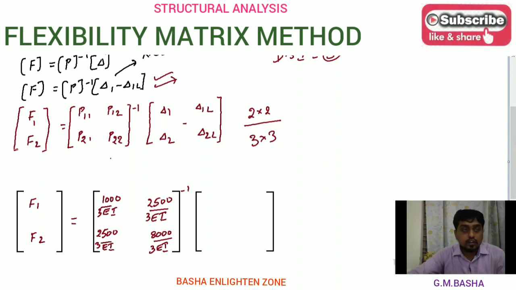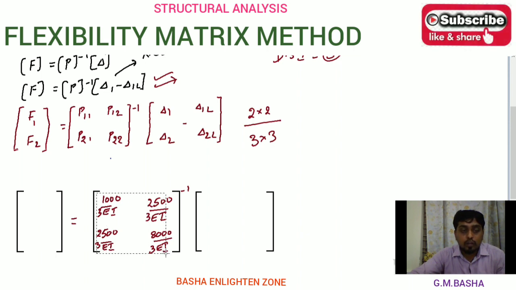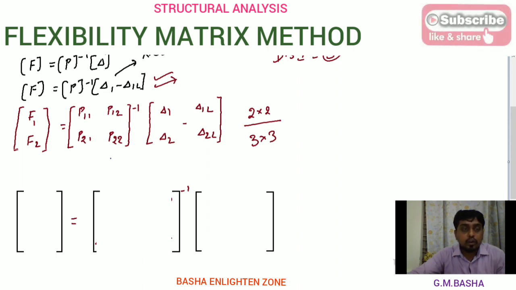See here, this is your 2 by 2 matrices formula, F1 F2, P11 P12 P21 P22. So all the formulas here, the entire 2 by 2 formula. You just substitute the previously obtained values.